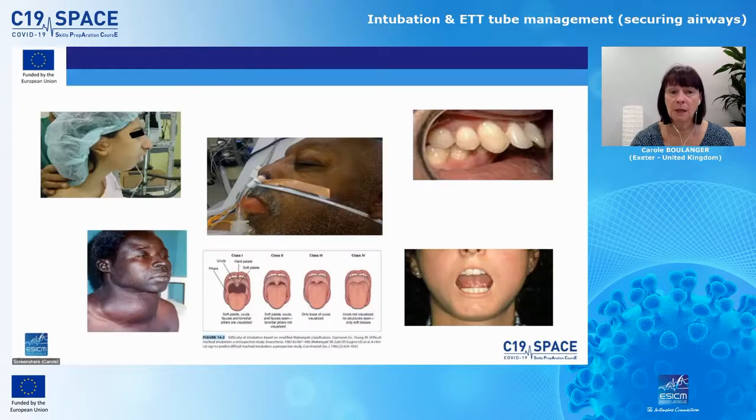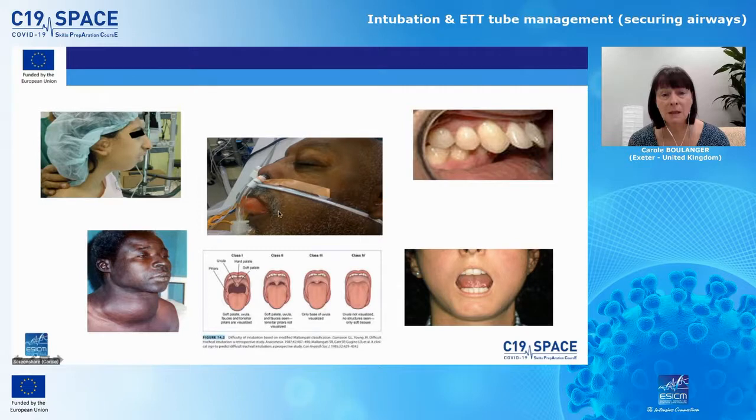Here are some pictures that illustrate some of these things. This lady on this side, she's got a receded jaw, and that makes it very difficult for us to pull away and get a good view of the vocal cords, which is what we're aiming to do during intubation. This lady here has a large goiter, and that's very difficult also, as the anatomy may be misplaced.